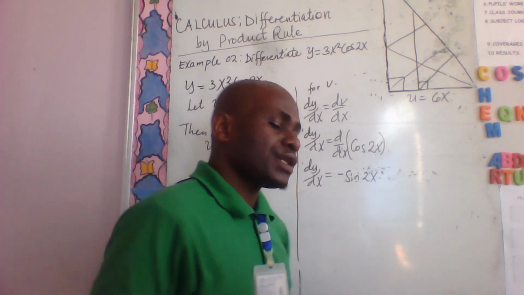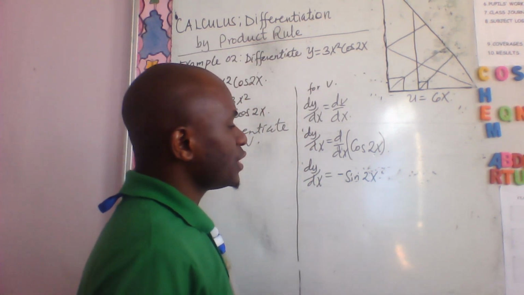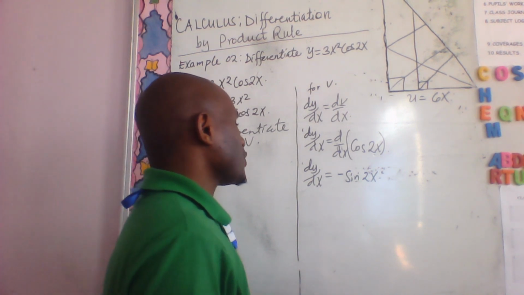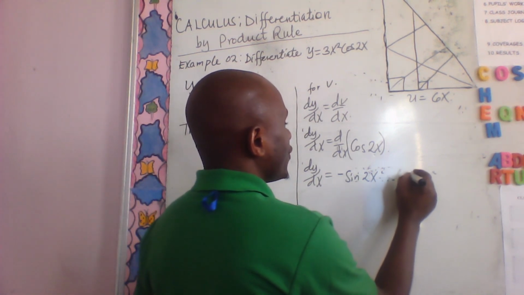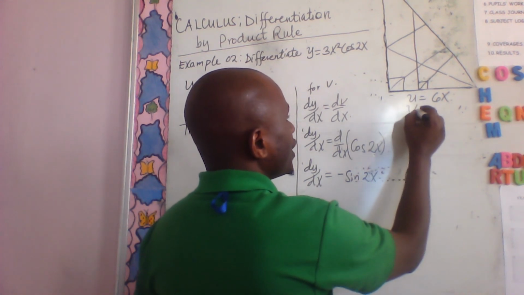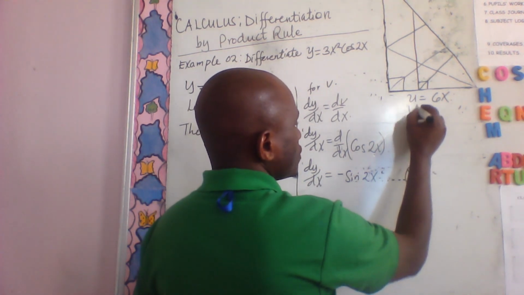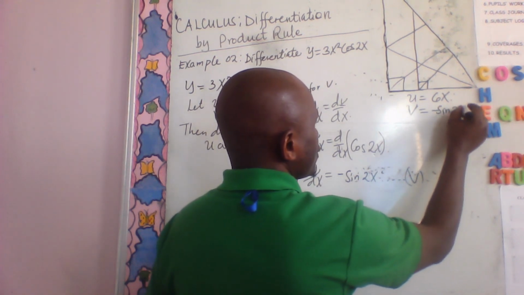When we get the negative sign, if we are getting negative sine 2x, let's proceed to see how it is. So this is the value for v. If it is the value for v, then v here is equal to negative sine 2x.